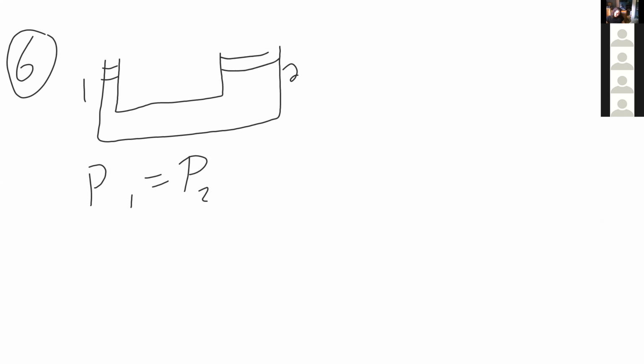So pressure 1 is equal to pressure 2 becomes force 1 over area 1 has to be equal to force 2 over area 2. And so this means that as I increase my area, I will increase the force that is output over that area.